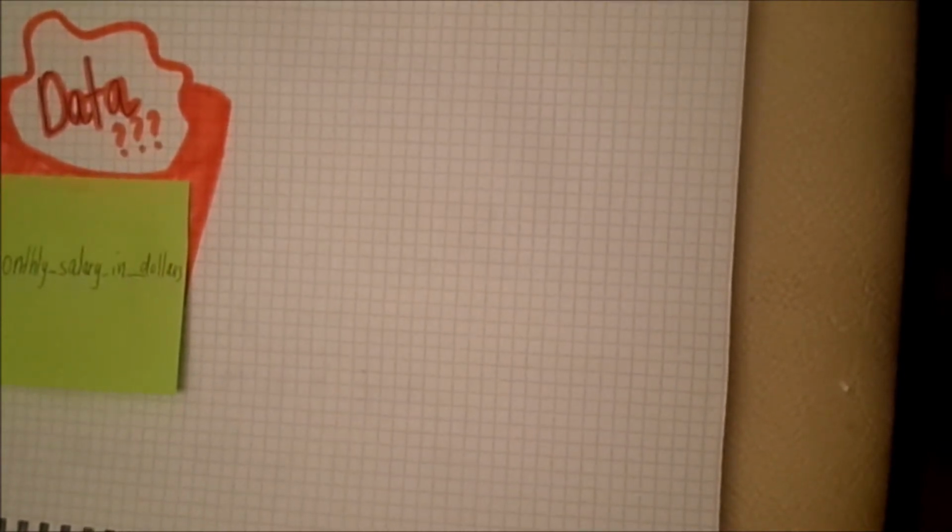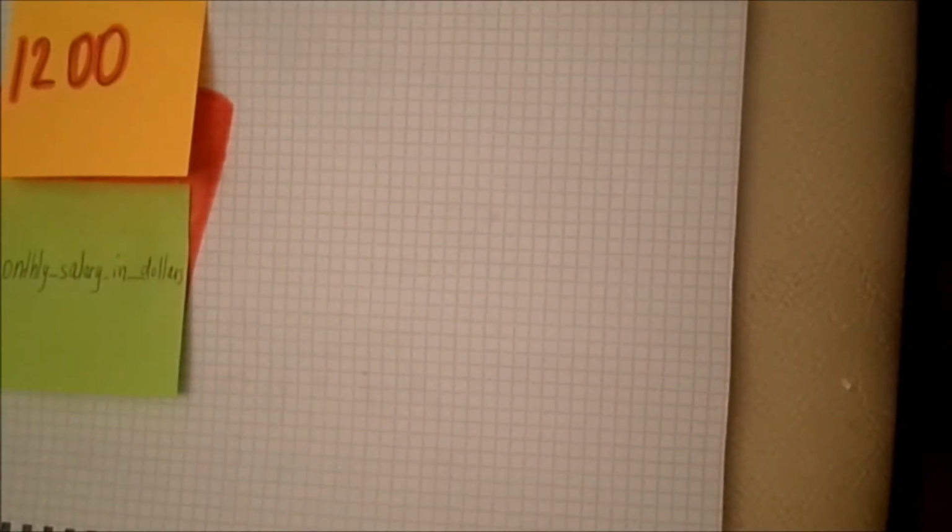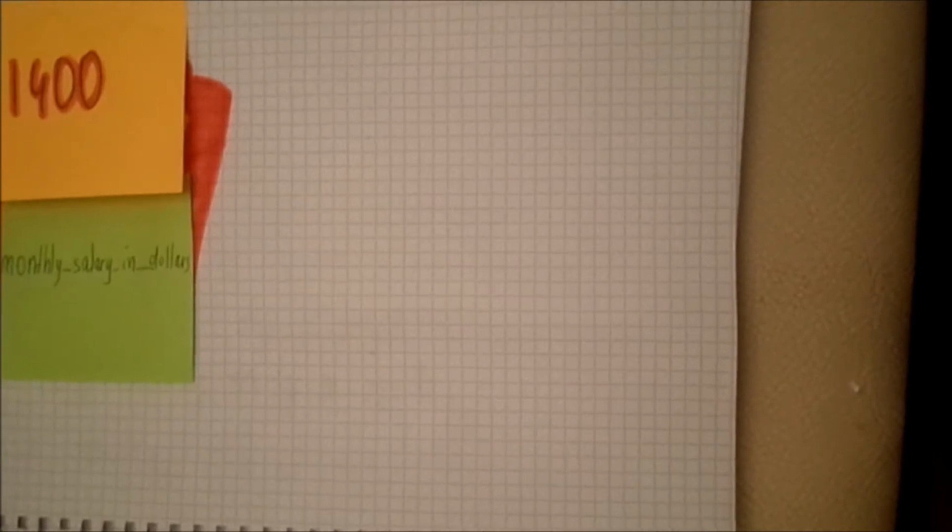So for example, if the monthly salary in dollars is 1,200, we'll insert the data like that, but it can change over time, so we can change the data to, let's say, 1,400. So this is how we'll refer to our variable. At the end, we'll say the name of the variable, which is monthly salary in dollars, and do whatever we want with it.